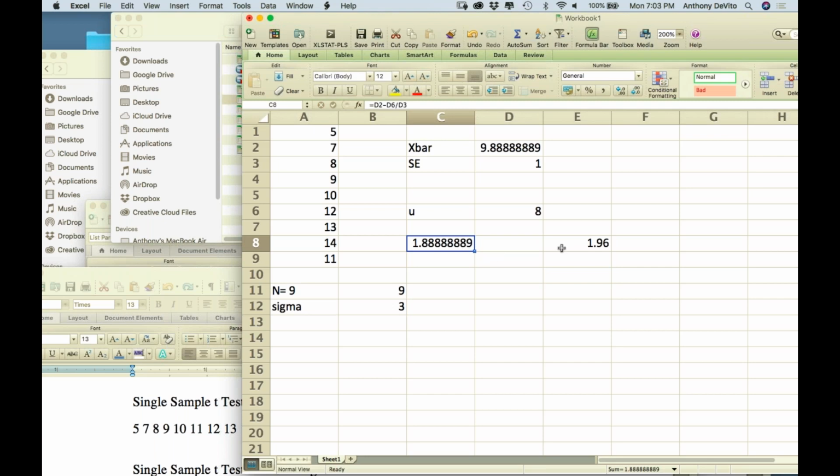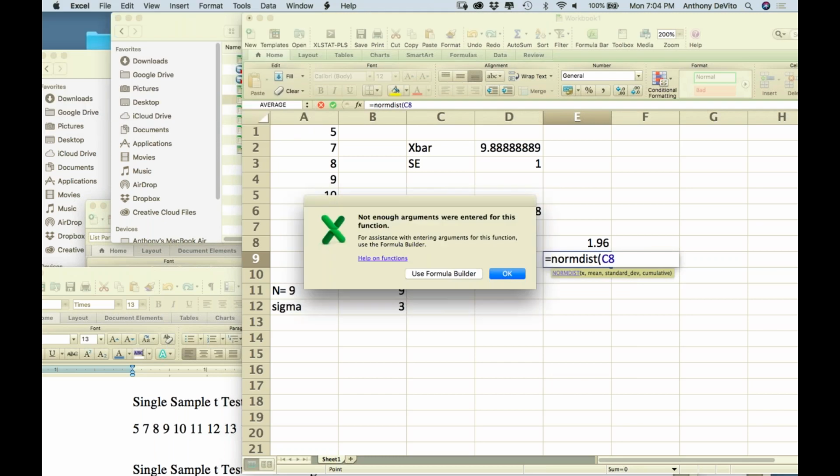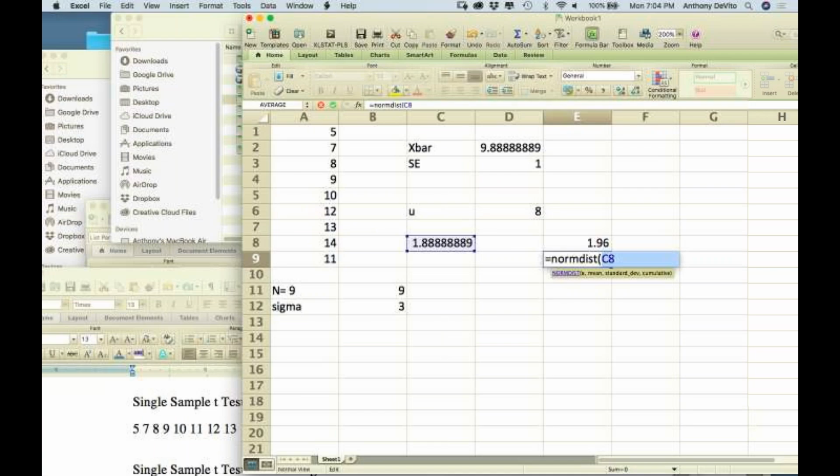In fact, we can figure out what the actual probability is. Inverse norm, I think, or NORM.S.DIST.